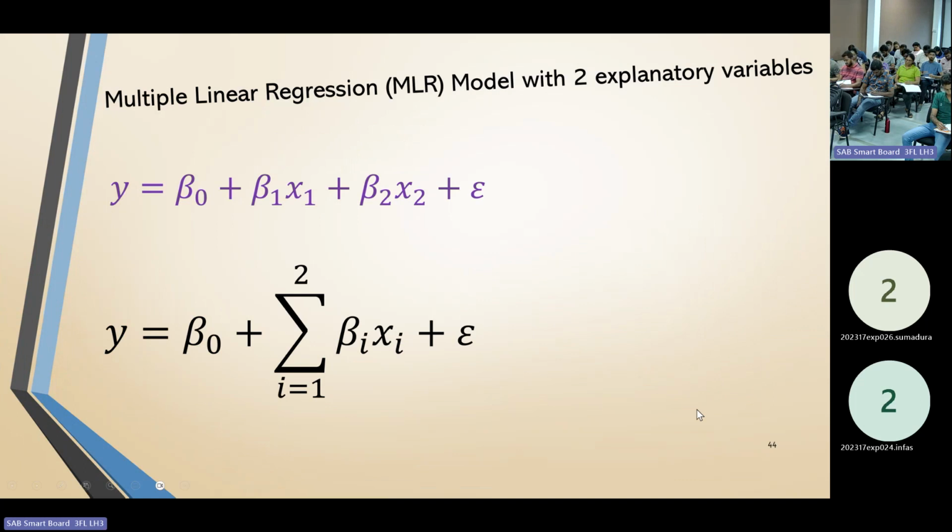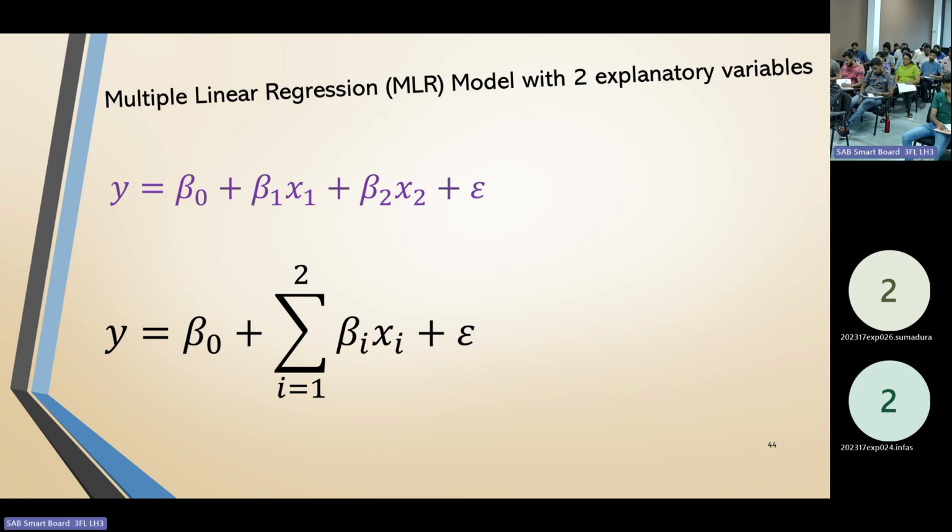The MLR model with two explanatory variables will take the form y equals beta naught plus beta 1 x1 plus beta 2 x2, only two explanatory variables, plus the error term.